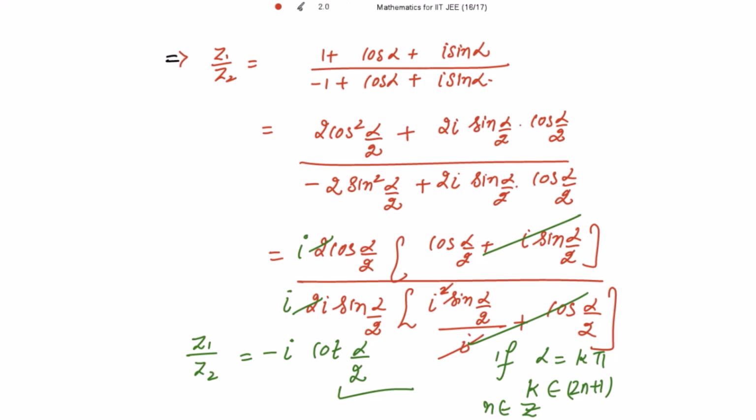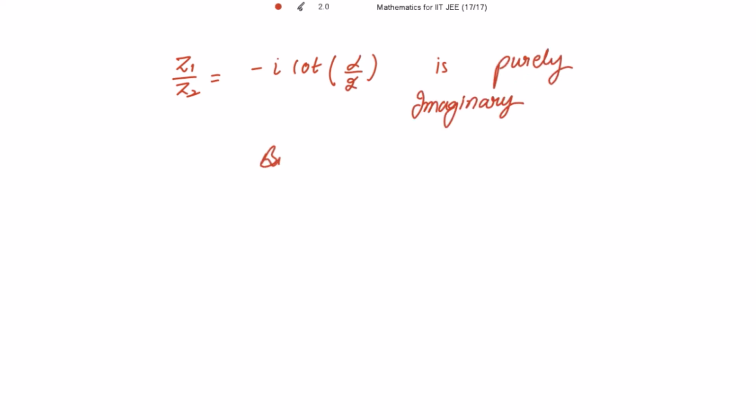So let me write this again. That is z1 over z2 is equal to negative iota cot of alpha by 2, which is purely imaginary, but for alpha equal to k pi, where this k is 2n plus 1 for n belonging to the integers, right?